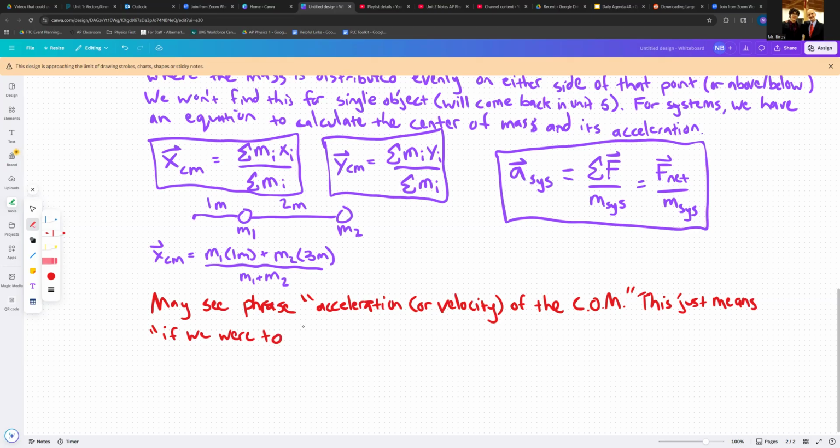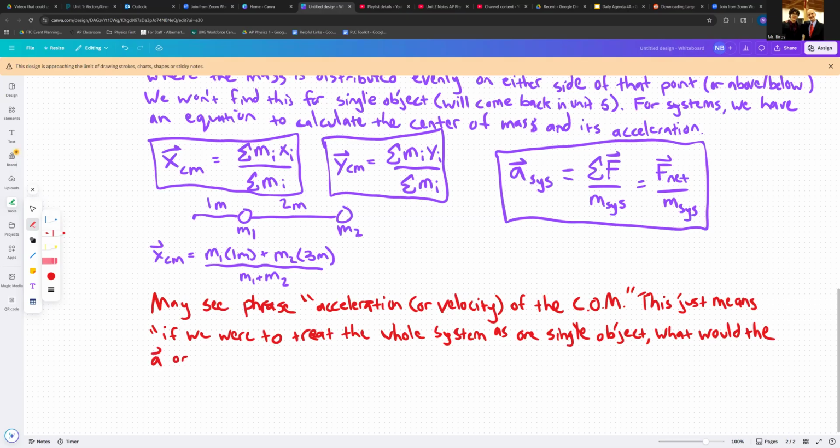If we were to treat the whole system as one single object, what would the acceleration or velocity of that object be?